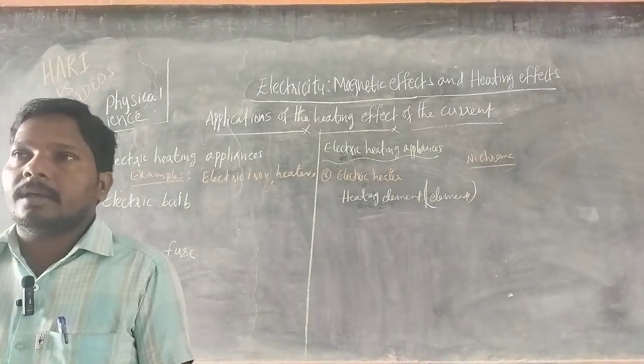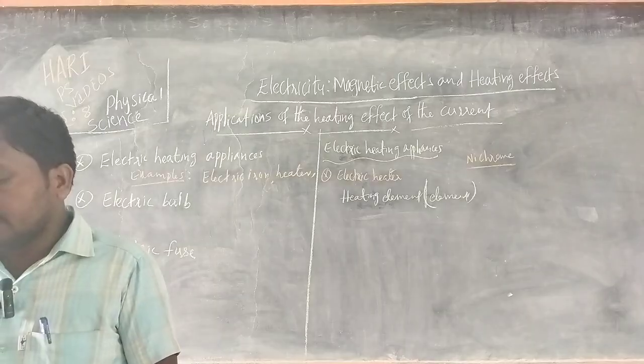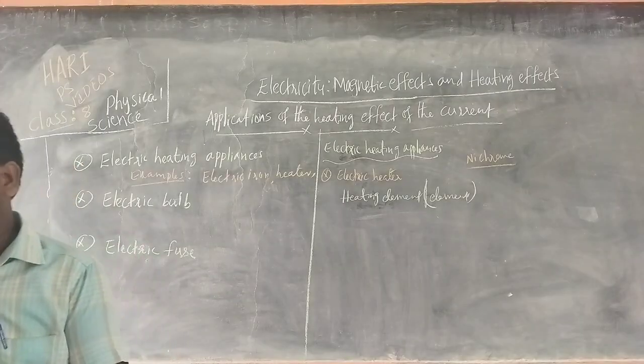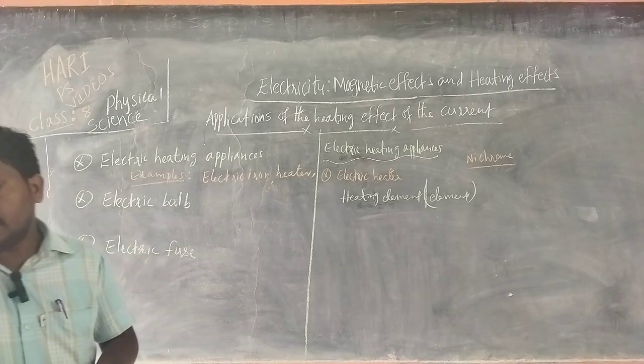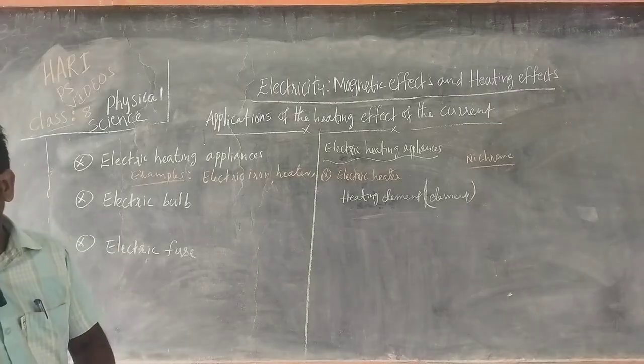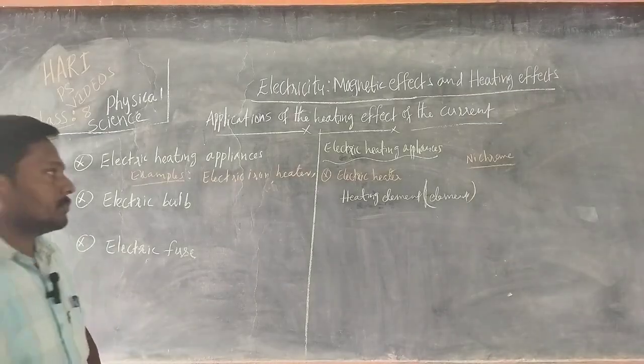Such nichrome wire is called a heating element. So heating element means the coil of high resistance wire.